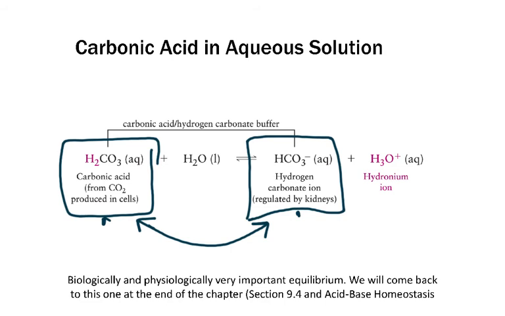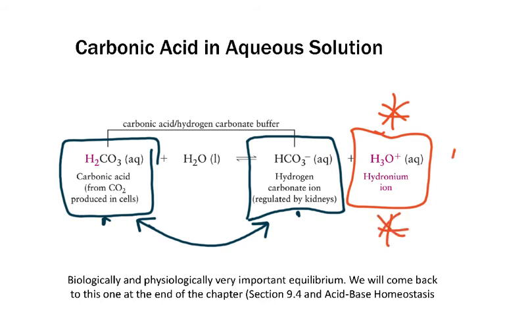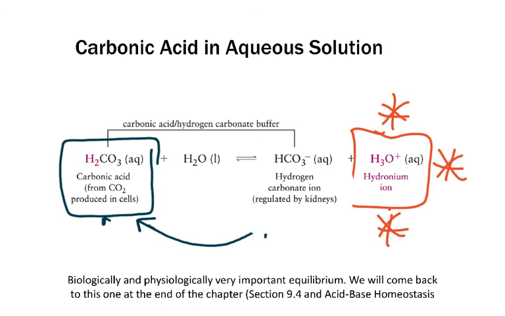So the key here is the hydronium ion, right? This is acid. I'm going to measure this as the acid, and if there's too much hydronium, then the kidneys can pump up production and shift this way. If hydronium is too little, the kidneys can slow down production, which would produce more, and also we could decrease respiration and decrease this one.